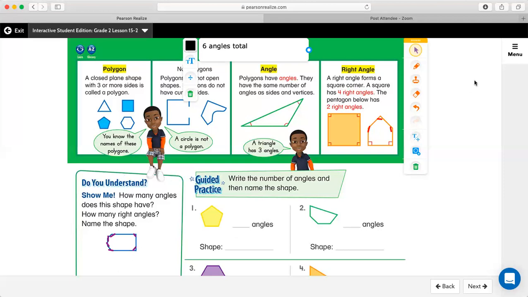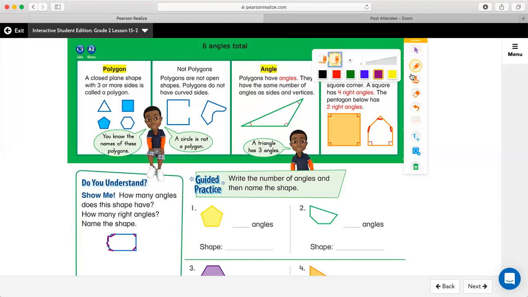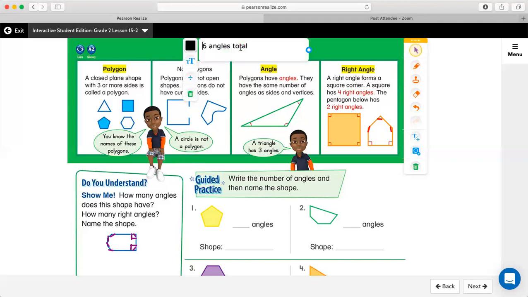How many right angles does it have? This is 1 right angle. This is the second. Okay, so it has 6 angles total. 2 are right angles, right? And what is the name of this shape? A 6-sided shape is a hexagon.